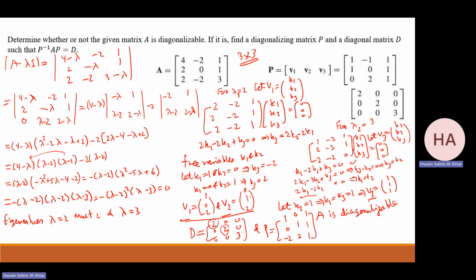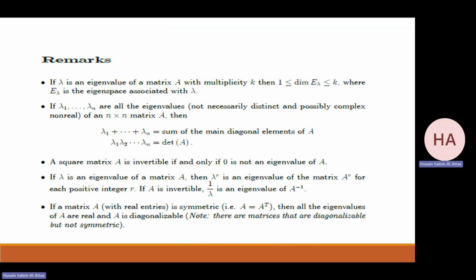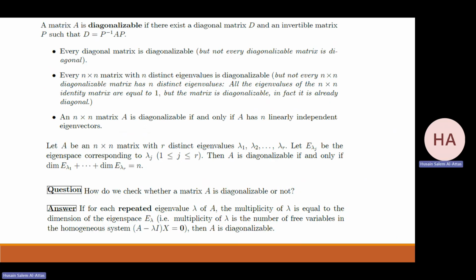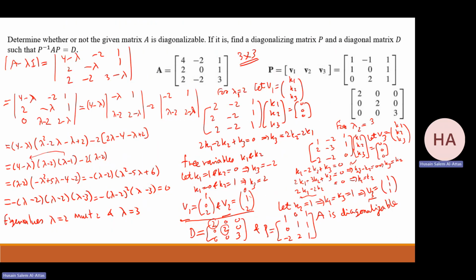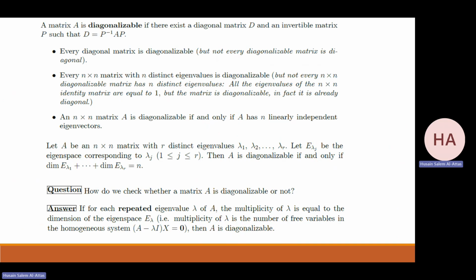Yeah, that's mainly the section. Now we'll do some examples. Every diagonal matrix is diagonalizable for sure. If we have n distinct eigenvalues, then for sure the matrix is diagonalizable.